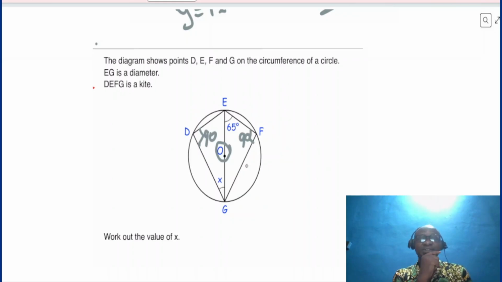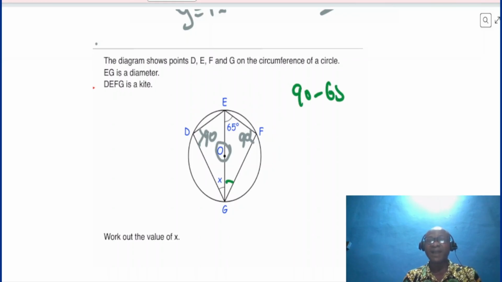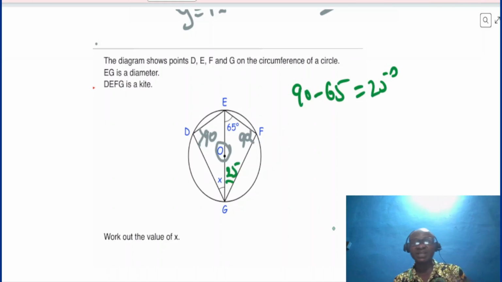Now that we have known that, using angle in a semicircle, I want to put a darker color. Angle in a semicircle is 90. This will now tell us that here is going to be 90 subtract 65, which is going to give us 25. So this place now is 25 degrees. Does it make sense? Yes, sir.